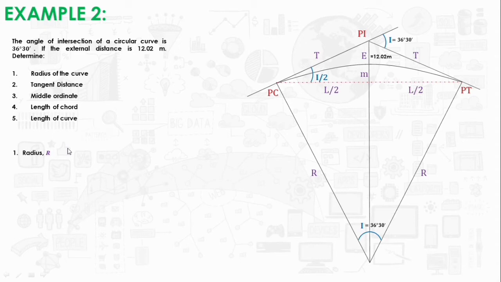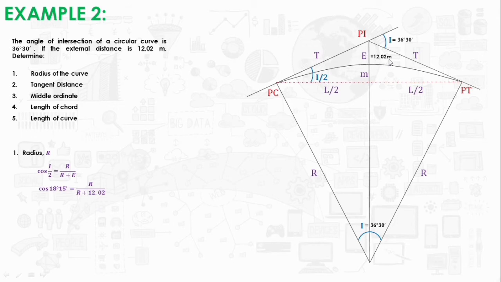So we can only use the cosine function. So cosine of I over 2 is equal to the adjacent, which is R, divided by the hypotenuse, which is R plus E. Or the cosine of 18 degrees and 15 minutes is equal to the radius R over R plus the external distance of 12.02 meters.